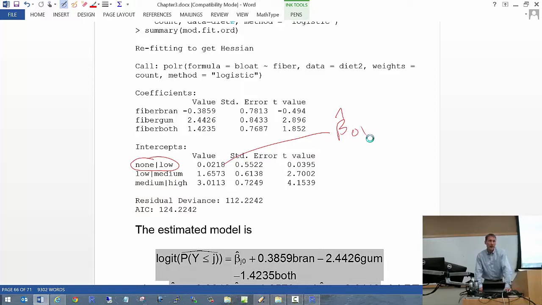So this would be like for j equal 1. This fiber bran in the coefficients here represents the negative of beta hat 1. So beta hat 1 is actually positive, 0.3859.